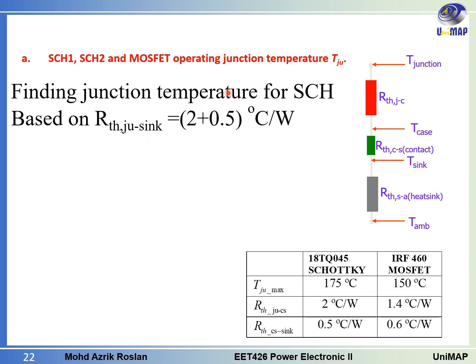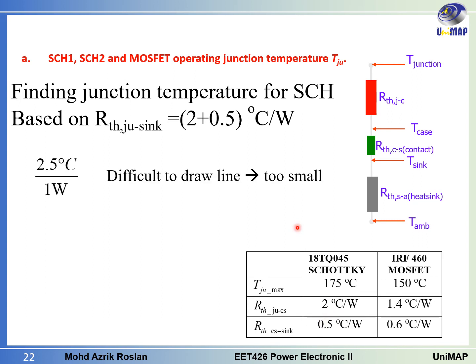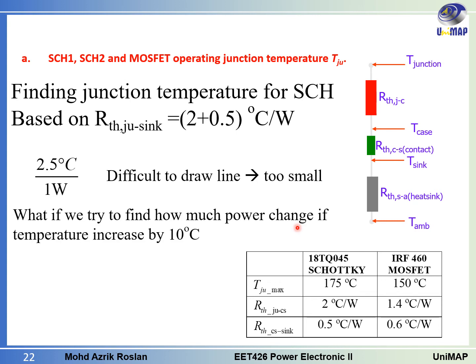For Schottky, this is the RTH junction to case and this is case to sink. So if you want to find the RTH junction to sink, we have to add both of them together. So 2 plus 0.5, we will get 2.5. So we have 2.5 degrees C per watt, which is a little bit small to draw.